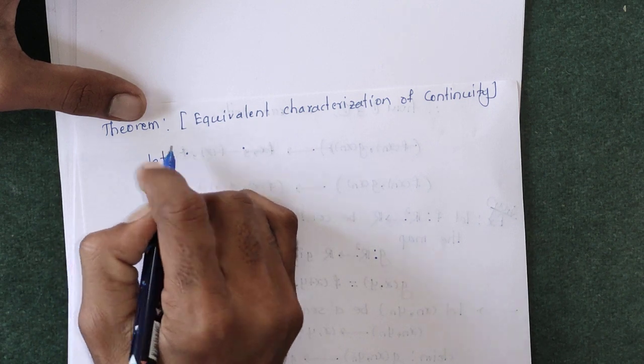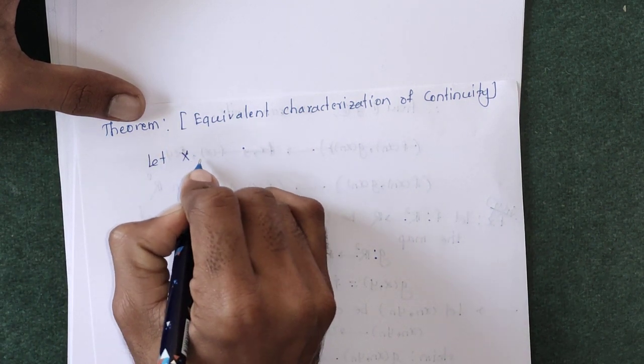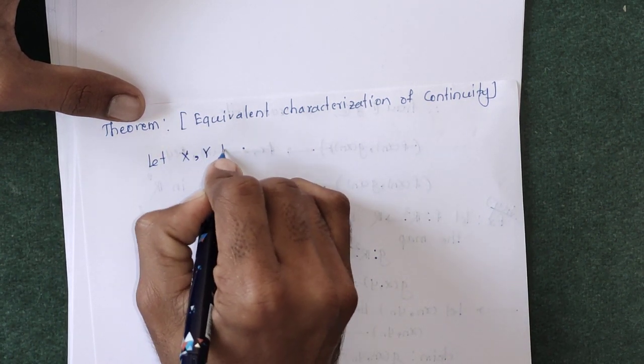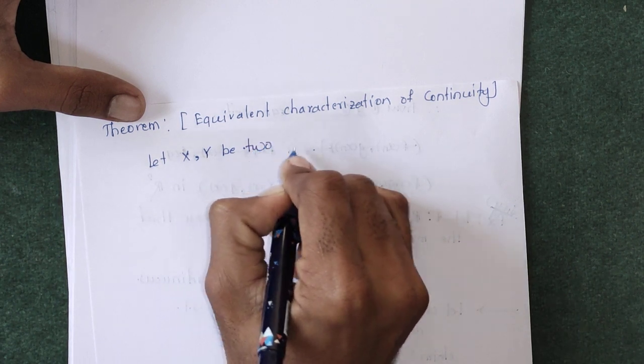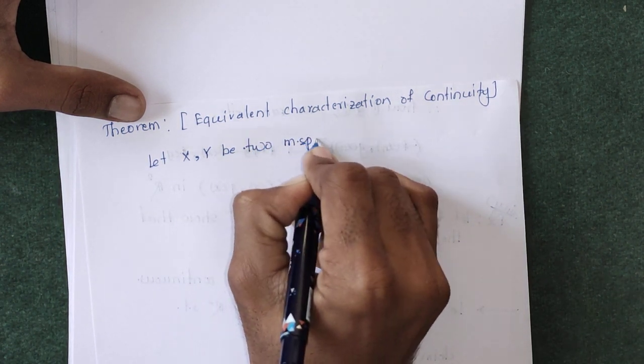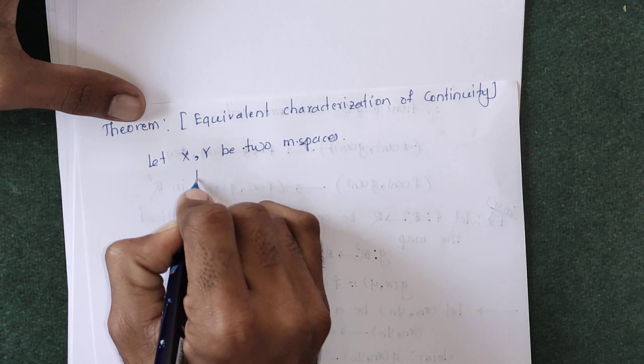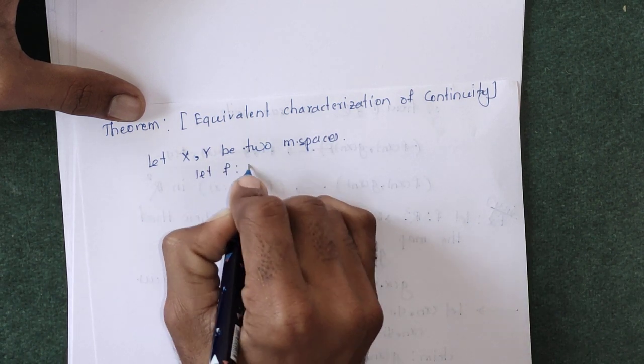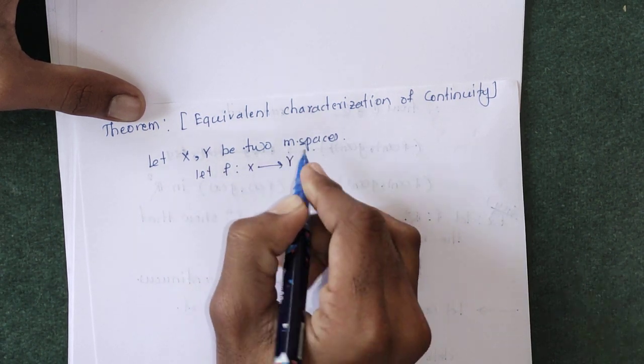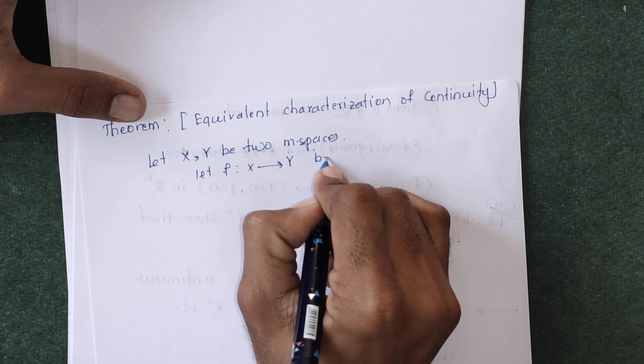So let X and Y be two metric spaces and let f from X to Y be a function.